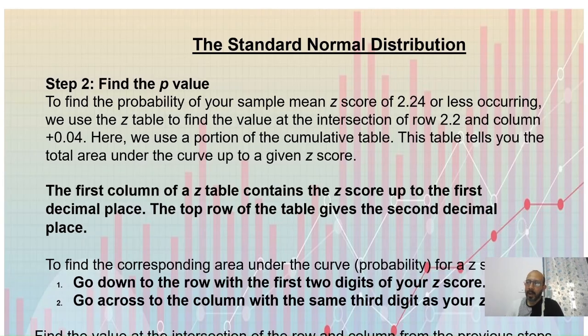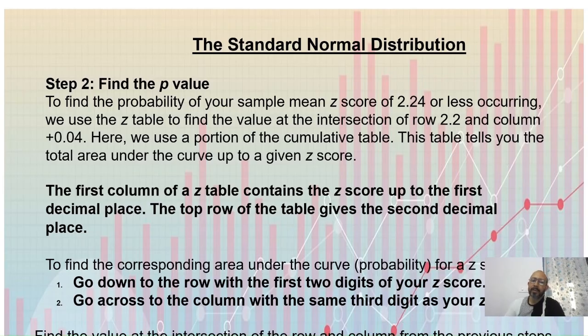Step 2, finding the p-value. To find the probability of your sample mean z-score of 2.24 or less occurring, we use the Z table to find the value at the intersection of the row 2.2 and column 0.04. Here we use the cumulative table. This table tells you the total area under the curve up to a given z-score.